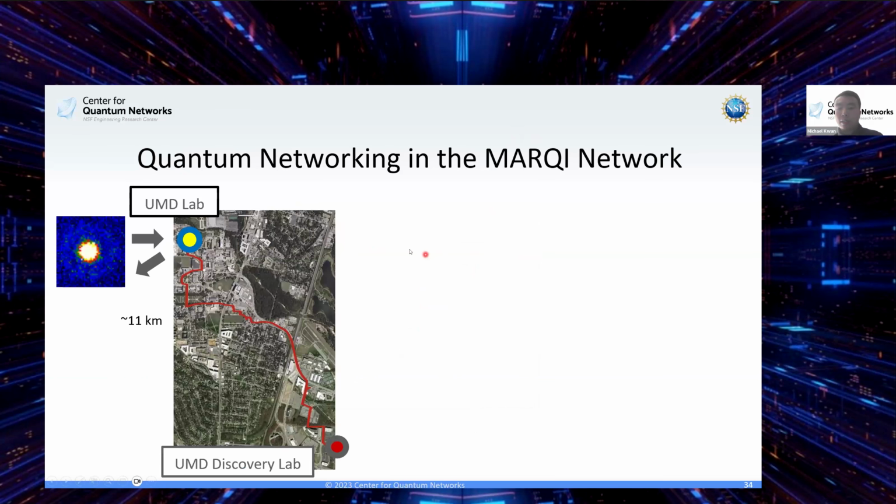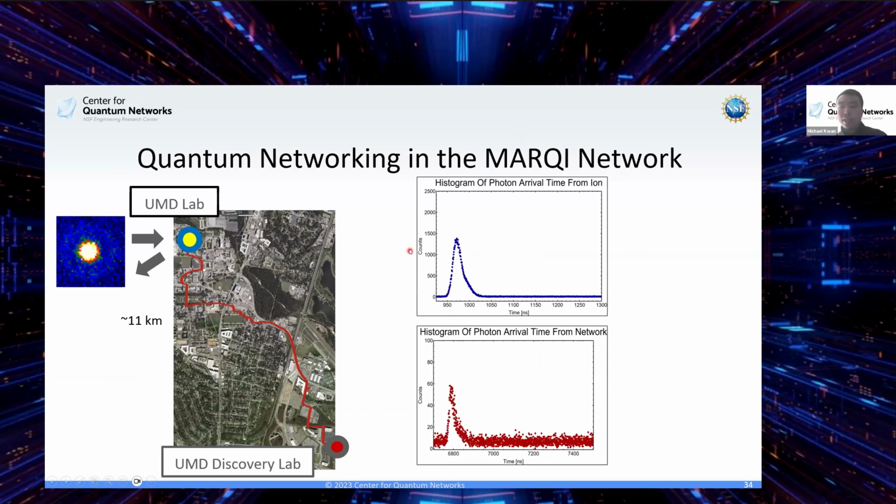And lastly, just to demonstrate something on the Marquee network here, we did use a two-stage conversion scheme, but that is not entirely polarization preserving, to do a proof of concept demonstration around 11 kilometers of fiber to the Discovery Lab and back.